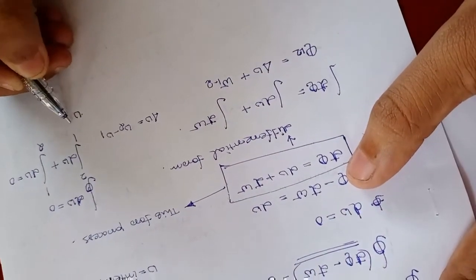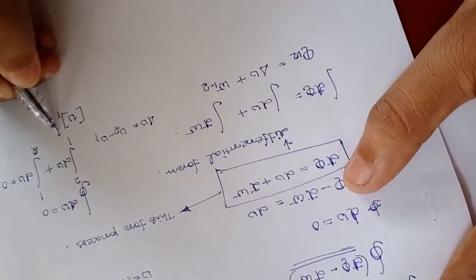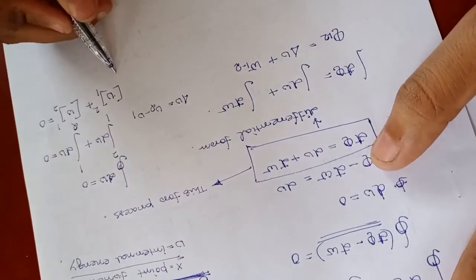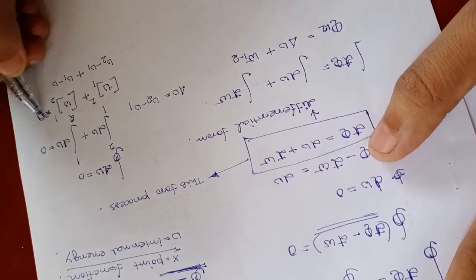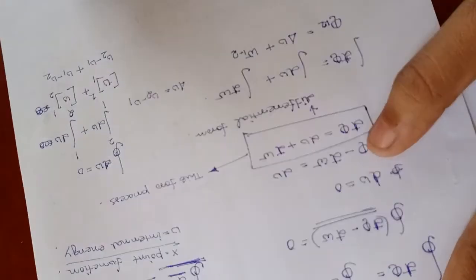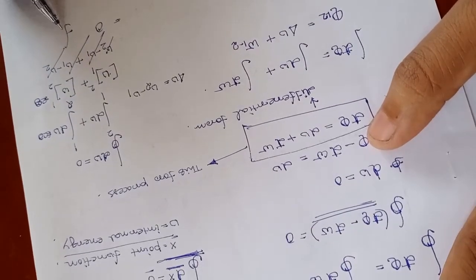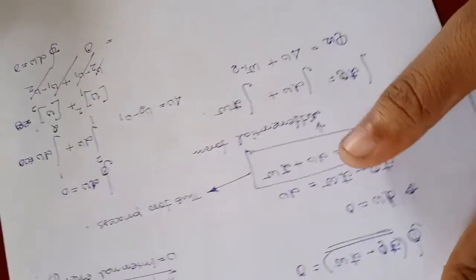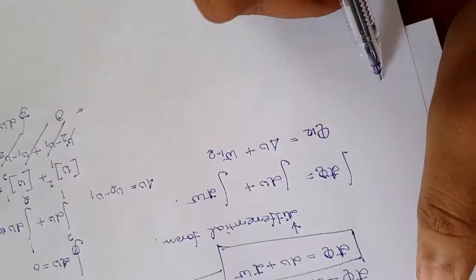So it will come u2 minus u1 plus u1 minus u2. Here u1 will cut down and u2 will cut down, so it is 0. So we can say cyclic integral of du is equal to 0.